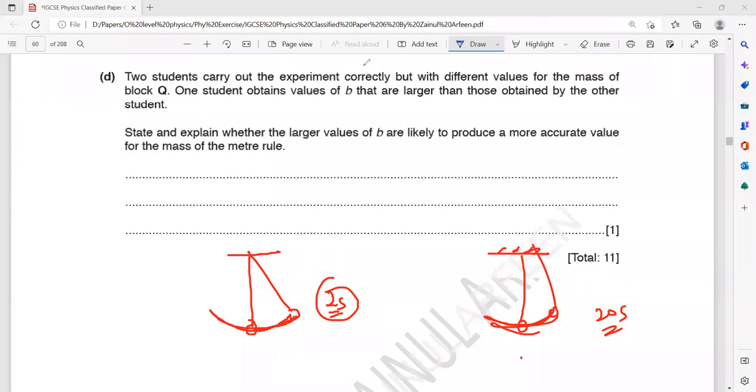So if two students carried out the experiment and one student used a larger value of V, his result will be more accurate. Whenever you use a large value, it will be more accurate because the percentage uncertainty will be lower.